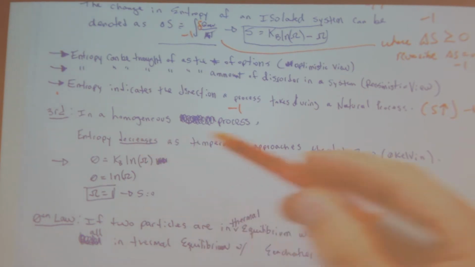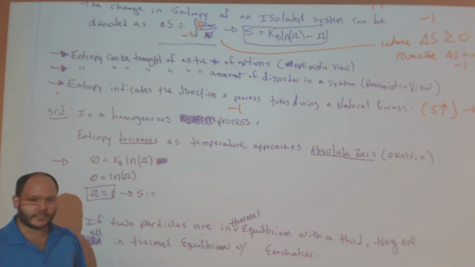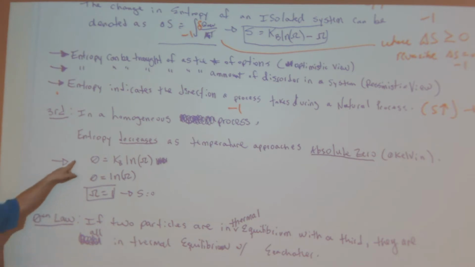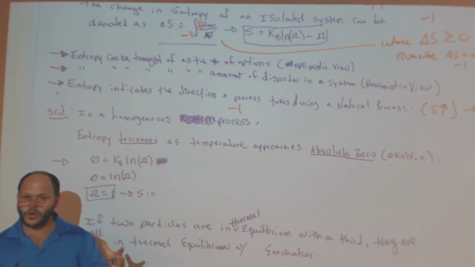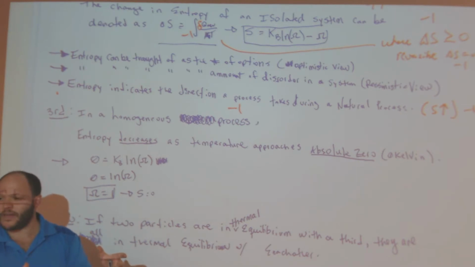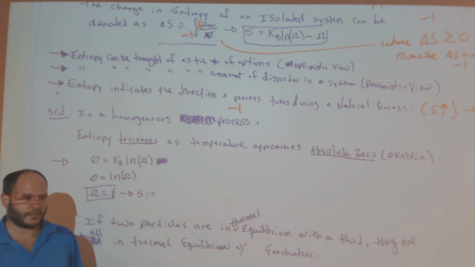It's a homogeneous system in complete internal equilibrium, right? So it's good we talk about the idea of homogeneous on the third law here. So homogeneous is a block of copper with no defects. It has the same ordering of all copper atoms within.